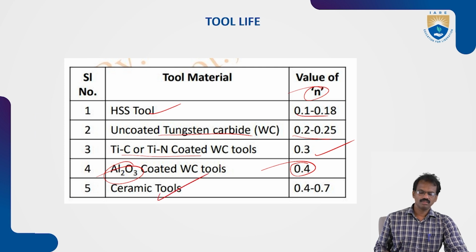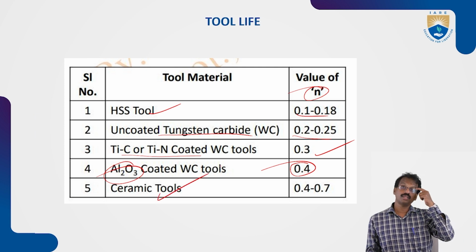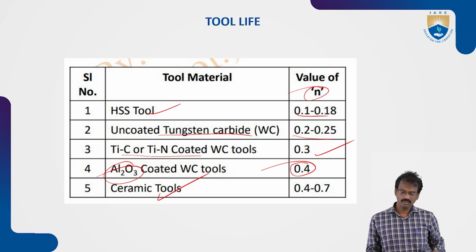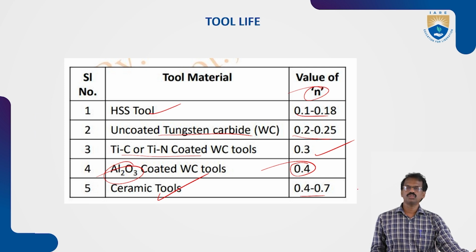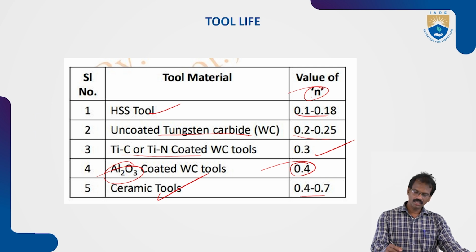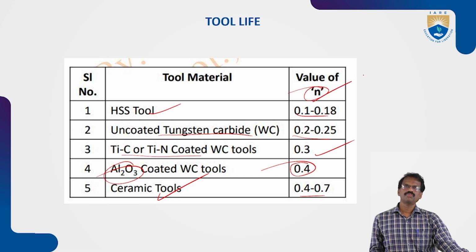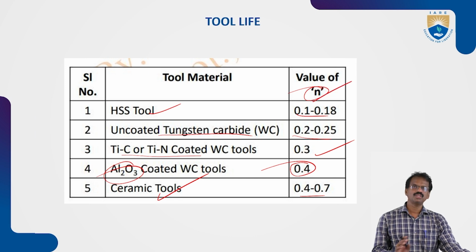For ceramic tools, the n value varies between 0.4 and 0.7. So we can take the value of n based upon the tool material.